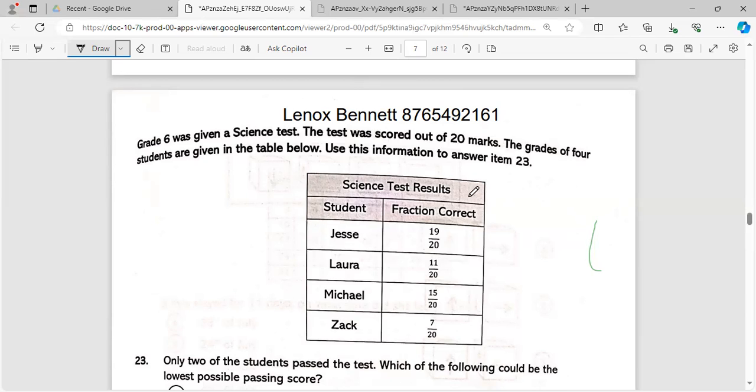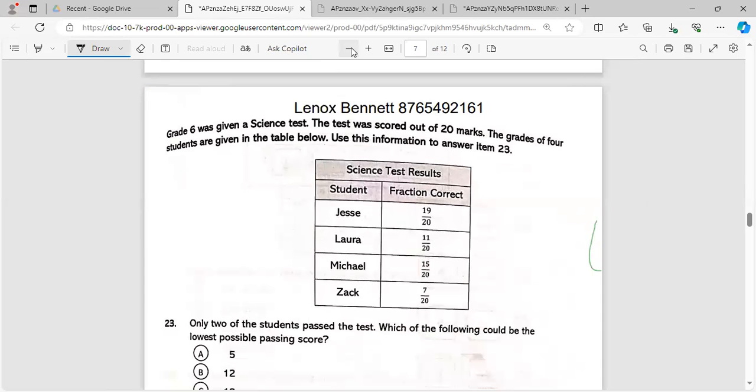Student: Jesse, Laura, Michael, Zach. Fraction correct: 19 over 20, 11 over 20, 15 over 20, and 7 over 20. Only two of the students passed the test. Which of the following could be the lowest possible passing score?